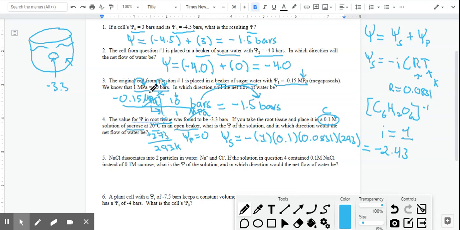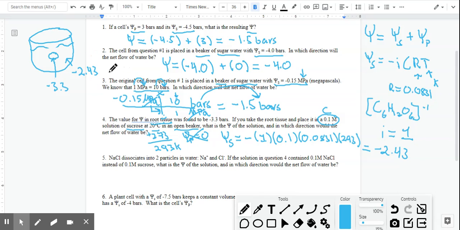Fantastic. To back up real quick, because our pressure potential is 0, this is not going to factor into the water potential. The water potential is the solute potential because, again, pressure is 0. So we have in the environment a negative 2.43.